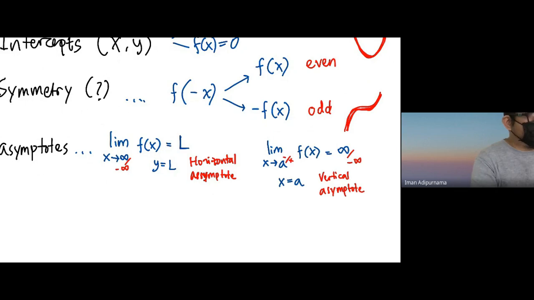And at the beginning of the class, I told you that there might be another asymptote besides the horizontal and vertical, that is a slant asymptote.